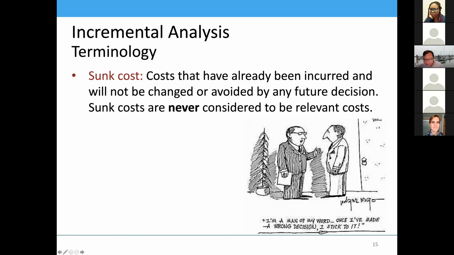Now you just want to look for space. You can either build it or rent it. That decision won't change the fact that you have already paid the registration fee for your corporation. It doesn't matter which way you go, you cannot get that money back, right? So it's a sunk cost. It's irrelevant. Okay, thank you.